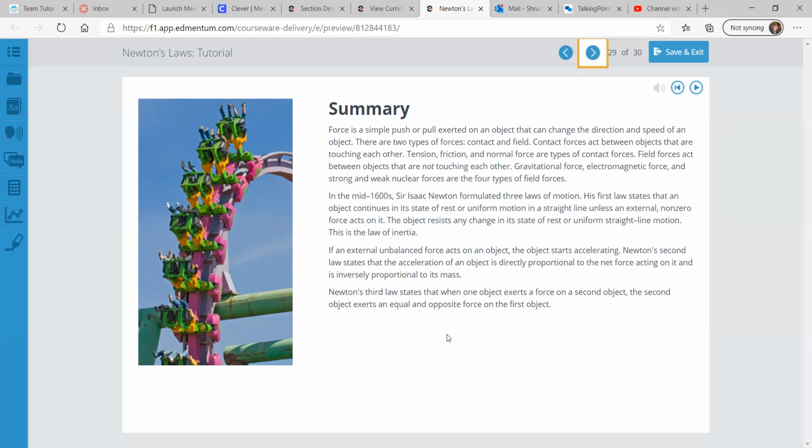If an external unbalanced force acts on an object, the object starts accelerating. Newton's second law states that the acceleration of an object is directly proportional to the net force acting on it and is inversely proportional to its mass. Newton's third law states that when one object exerts a force on a second object, the second object exerts an equal and opposite force on the first object.